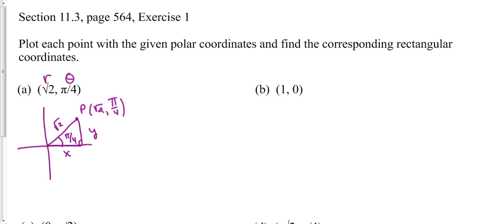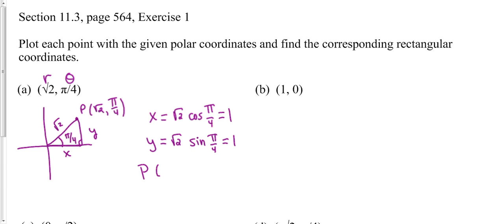So by looking at this triangle, I can see that x is going to be radical 2 times cosine pi over 4, which is going to be equal to 1, and that y is going to be radical 2 times the sine of pi over 4, which is also going to be equal to 1. So my new point in rectangular coordinates is going to be 1 comma 1.